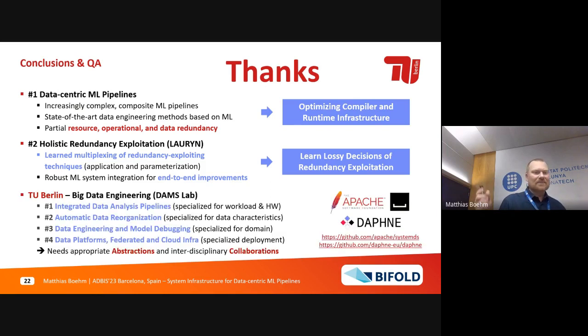So in general, since last year, I took over the chair at TU Berlin for Big Data Engineering, and we are doing system-oriented research. So we're actually building two large open source projects, Apache SystemDS and DAPHNE, with multiple different major topic directions, where many of them actually go into a form of specialization for workload, for data characteristics, for the domain.